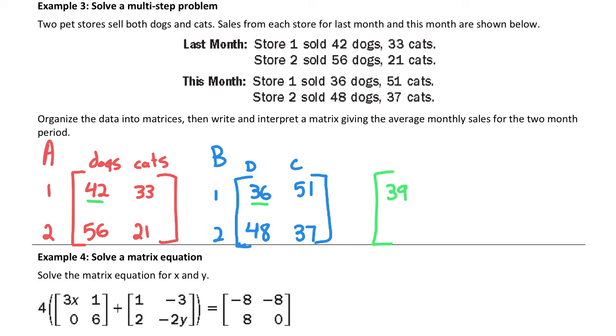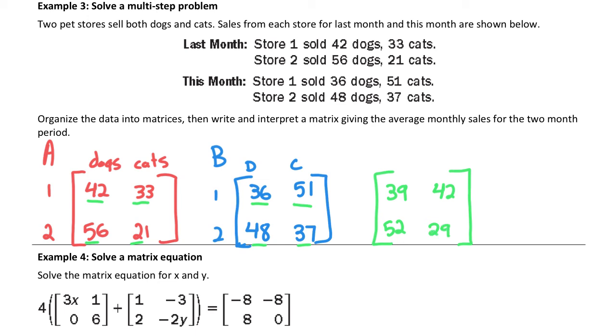In the next element, 33 and 51, I add those together. That is 84. 84 divided by 2 is 42. Okay? And then the next one, 56 and 48, that's 104. The average of that would be 52. And then 21 and 37 would be 58. 58 divided by 2 is 29.